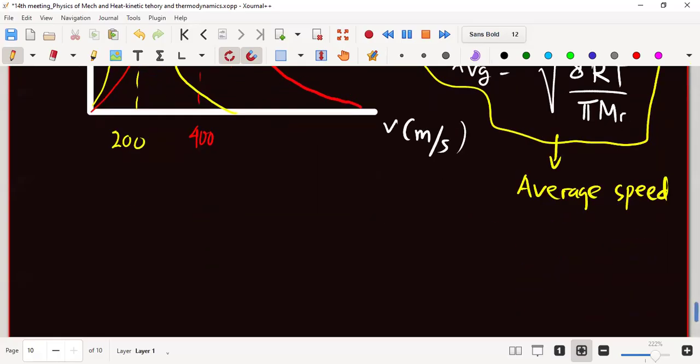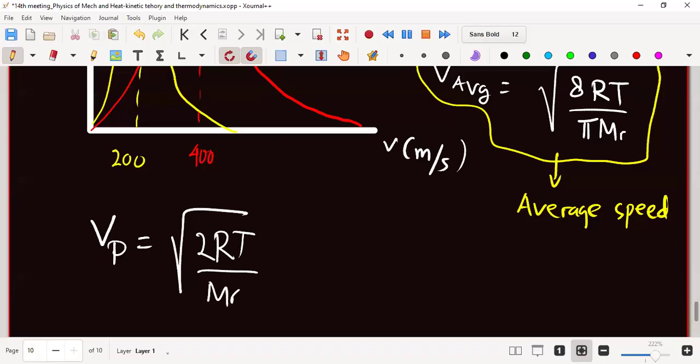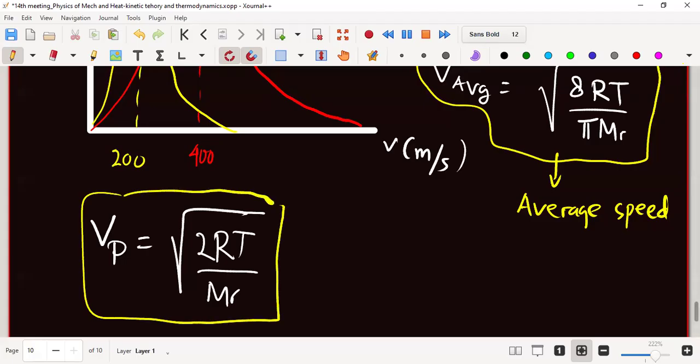The most probable speed V_P is square root of 2RT divided by molar mass. This one is the most probable speed. Okay, this one is for the most probable speed.